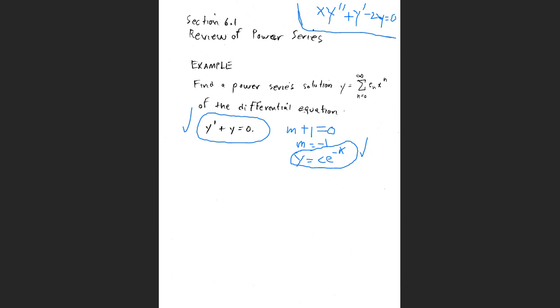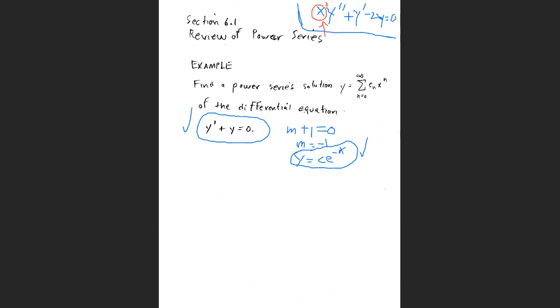But the coefficient of y double prime is x. So that situation where you have a variable, or you could have an x squared there, for instance, any function of x, right?